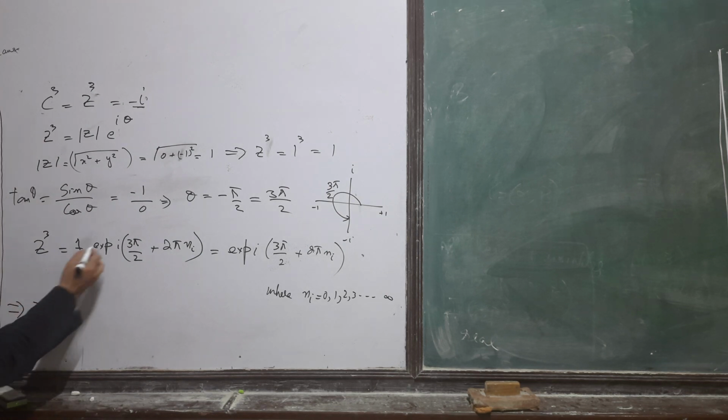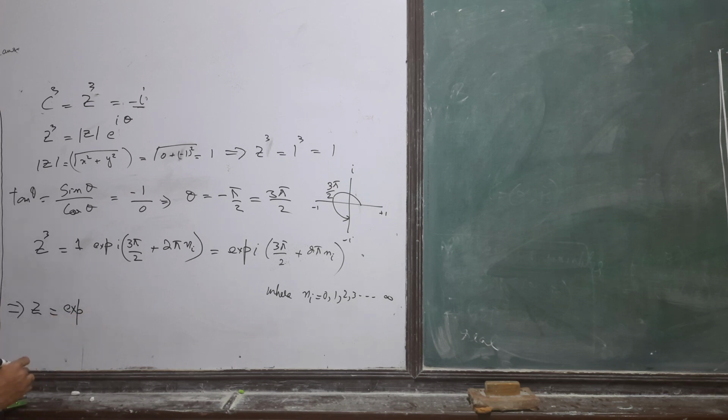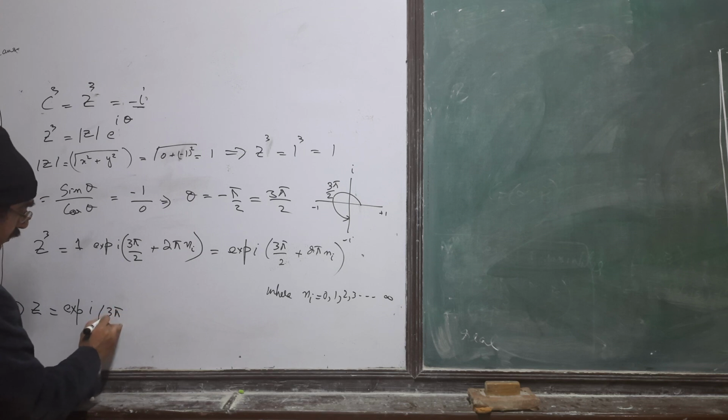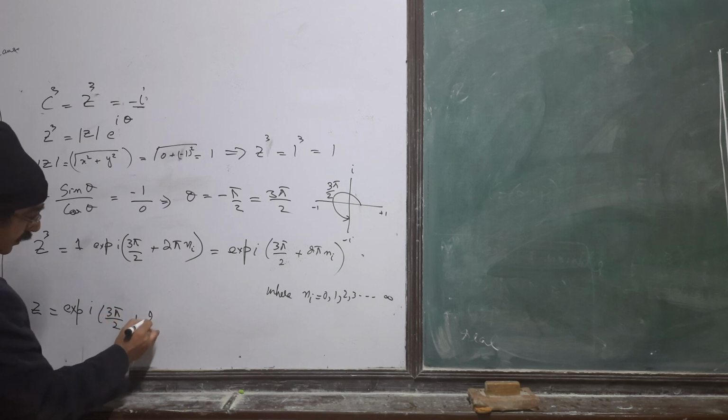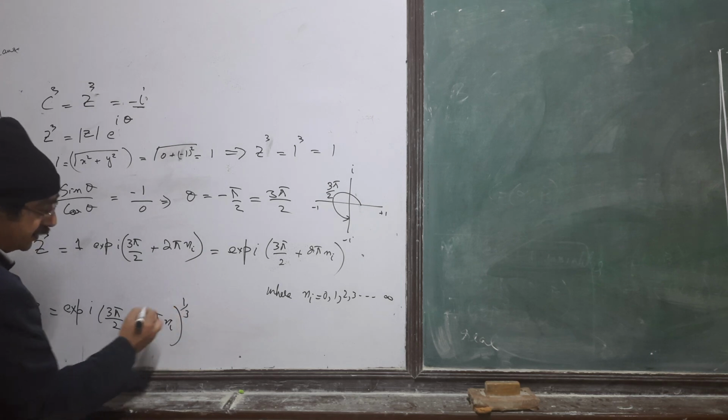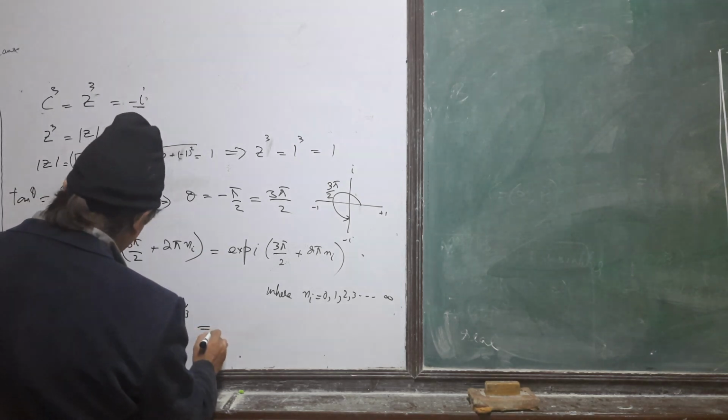z is equal to exponential of i(3 pi by 2 plus 2 pi n) over 3.